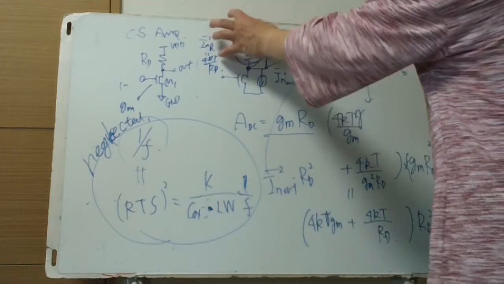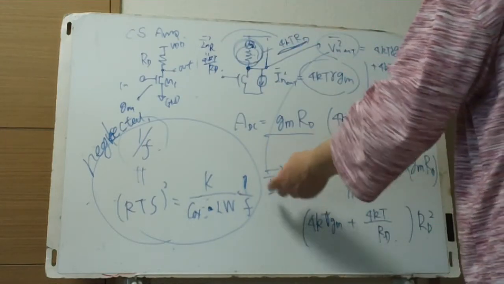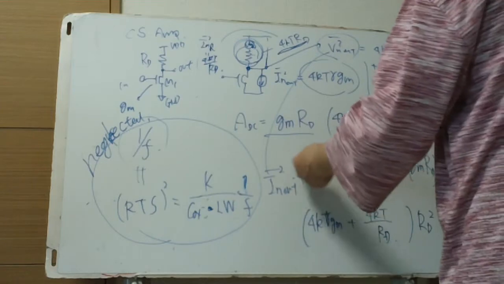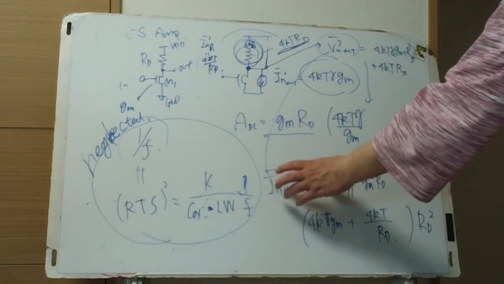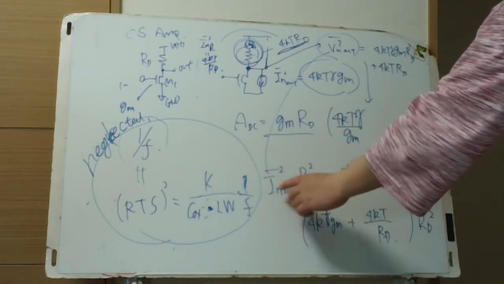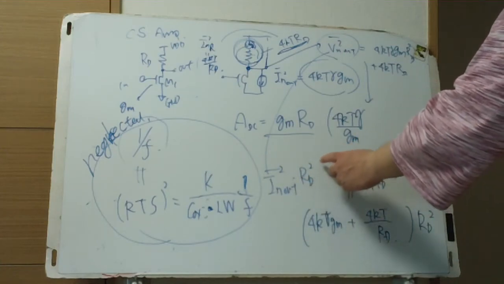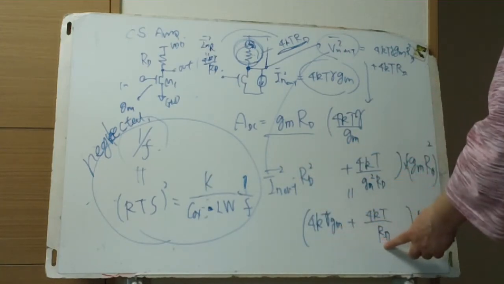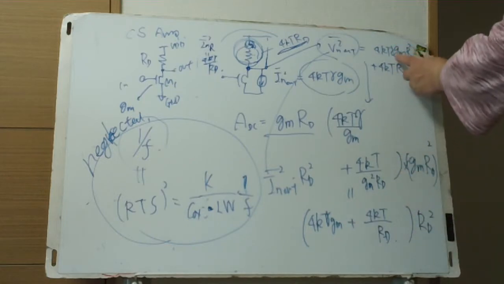Output current and output resistance are linear time invariant systems, so we can use this expression, and I squared RD squared is this.